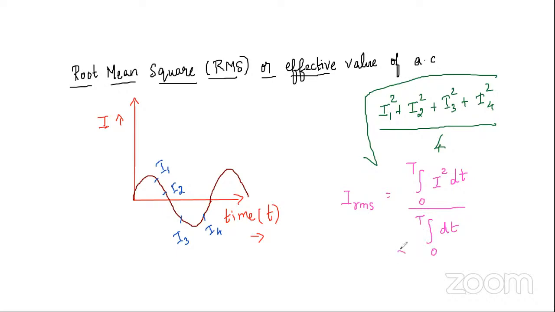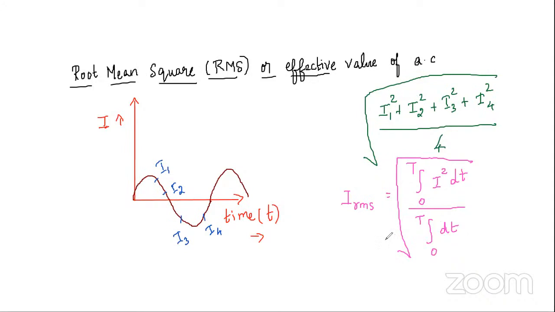So after doing this, I need to take the square root. Square root of integral 0 to capital T I squared dt divided by integral 0 to capital T dt. This is called RMS value or effective value of the current.